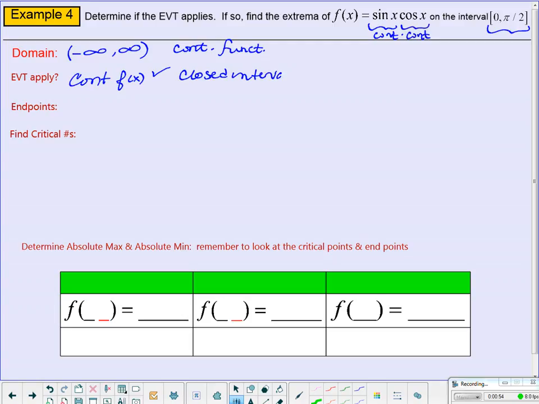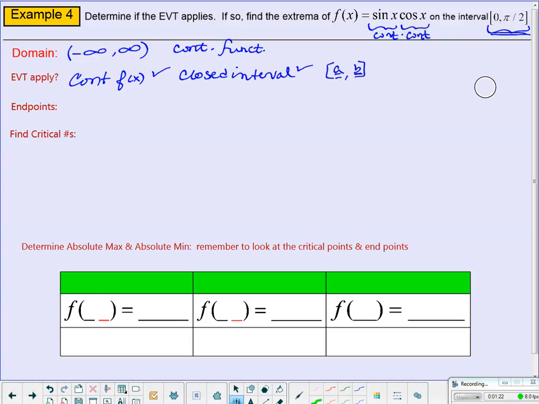Well, the deal with the closed interval is that it guarantees that there is a max or a min, because if nothing else, if I didn't have my first derivative equaling 0 or undefined at any spots along the path between 0 and pi over 2, well, then at least I can be assured that wherever it started and stopped could be a max or a min.